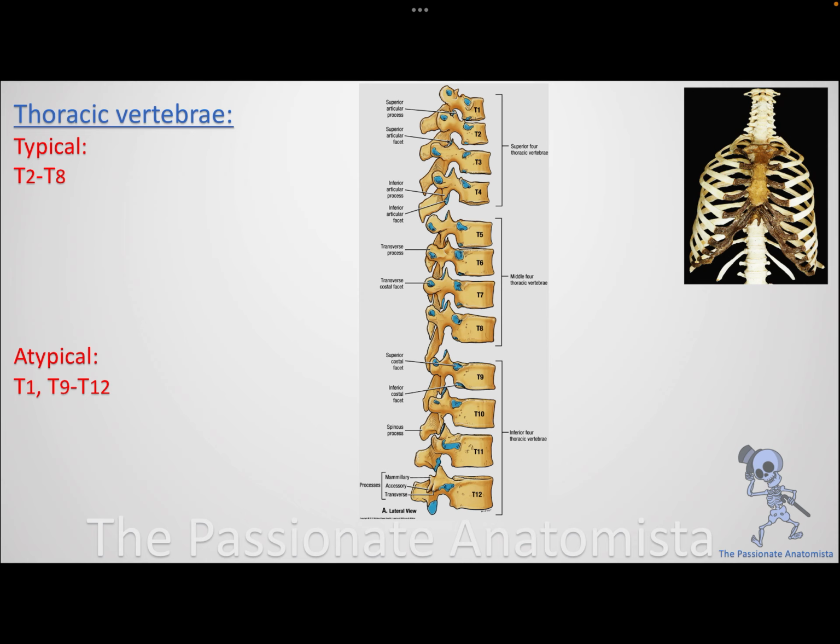Okay, so when we say typical thoracic vertebrae, what do we mean by that? It means that we have a body. Okay, we have a pedicle that connects the body to the neural arch, and then I have the transverse process and I have the spinous process. All right, so I have transverse processes and I have spinous process.